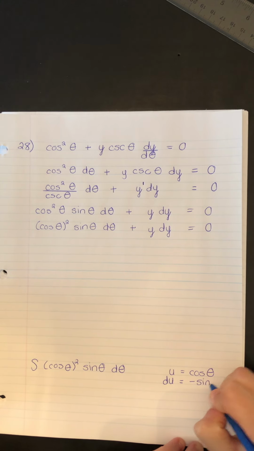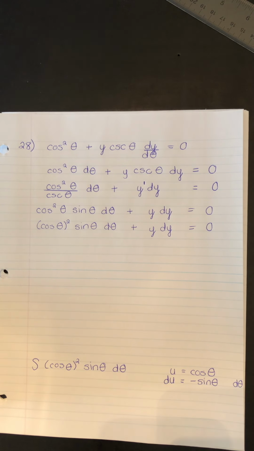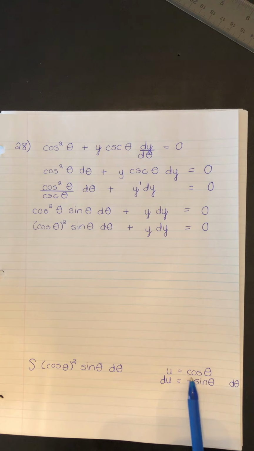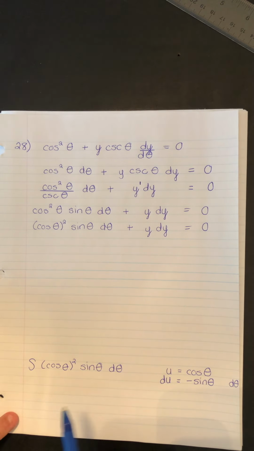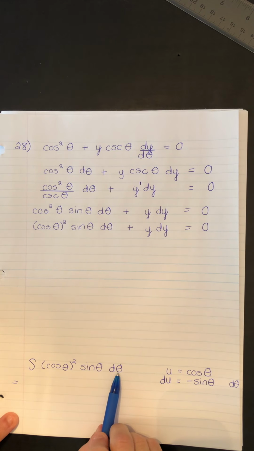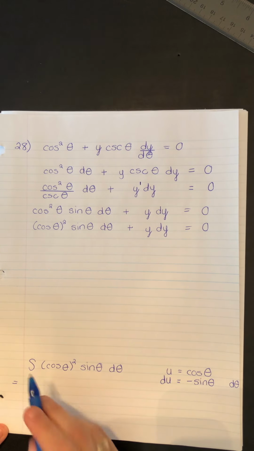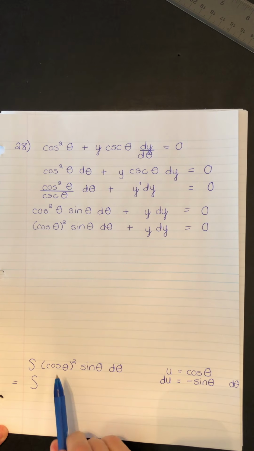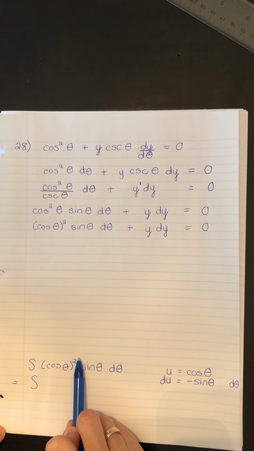So we have u is cos theta, du is negative sine theta d theta. So we're going to rewrite this as the integral of u squared.